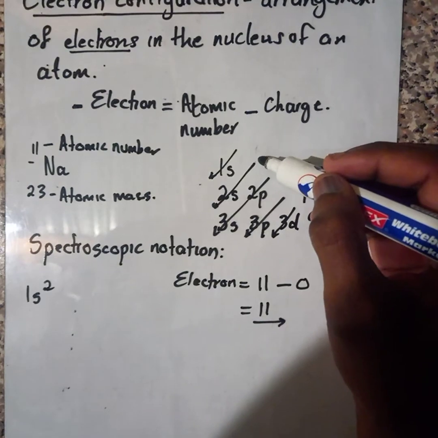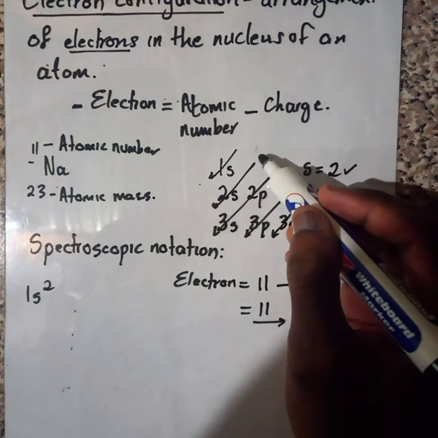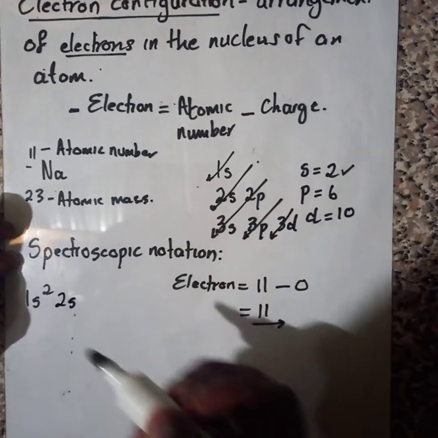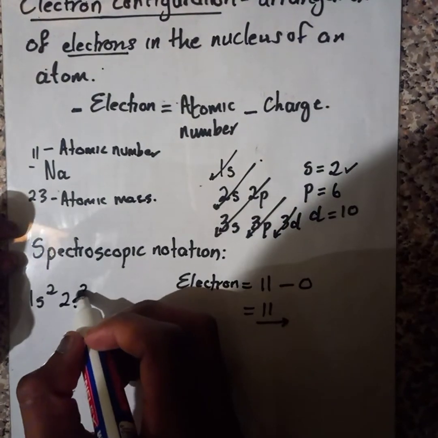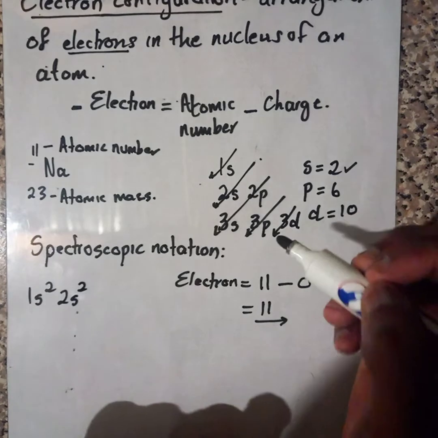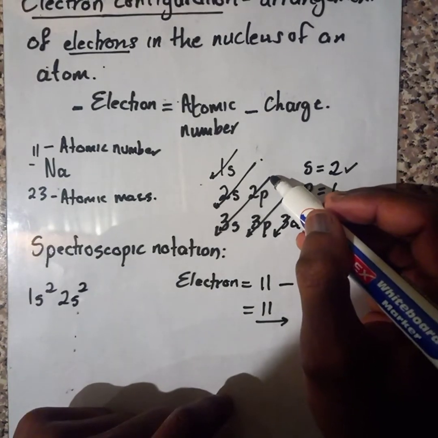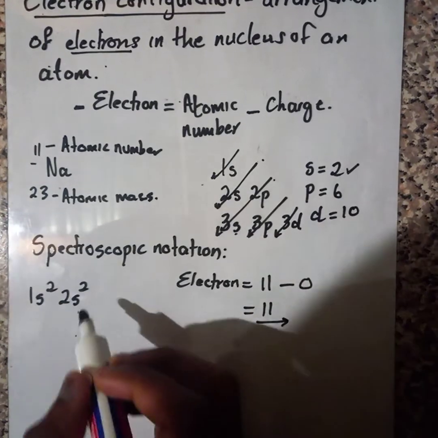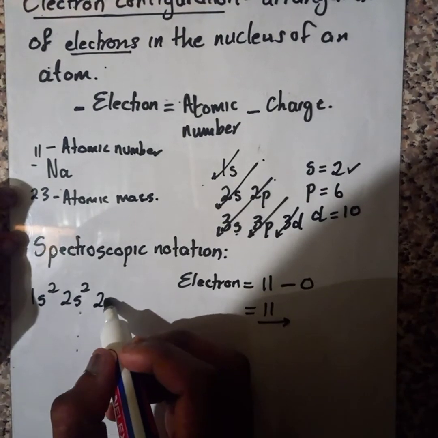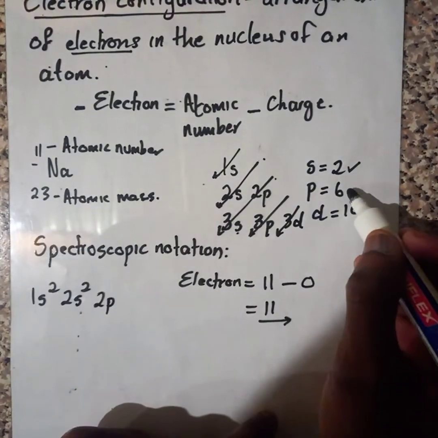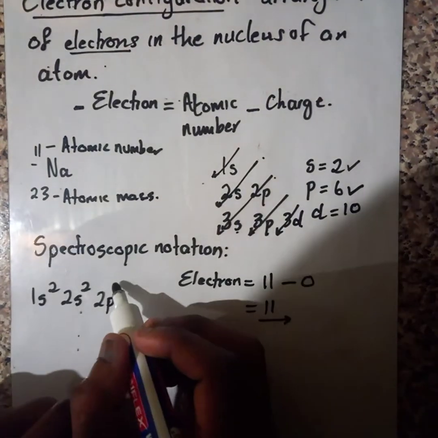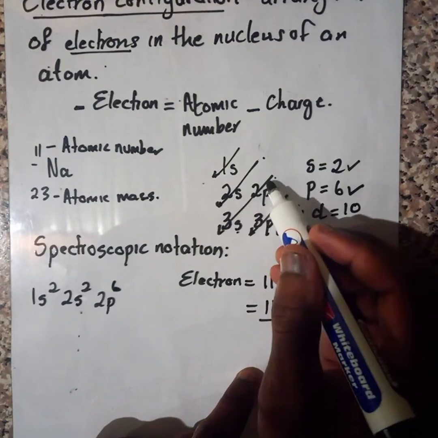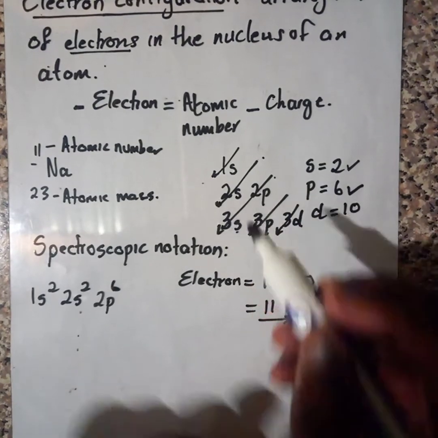Then I move to the second one, which is 2s. 2s can also take up to 2 electrons. Then let us move to the third one, which is 2p as well as 3s. I write 2p, which can take up to 6. Lastly, you follow this arrow, which is 3s.